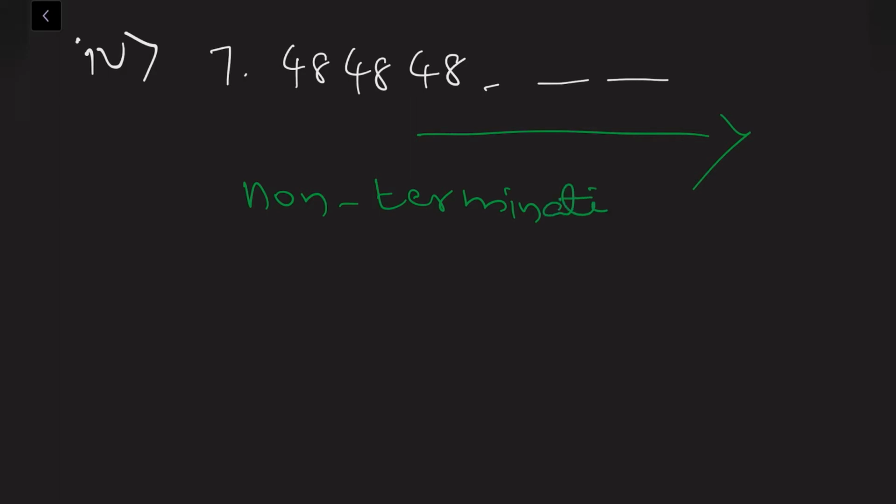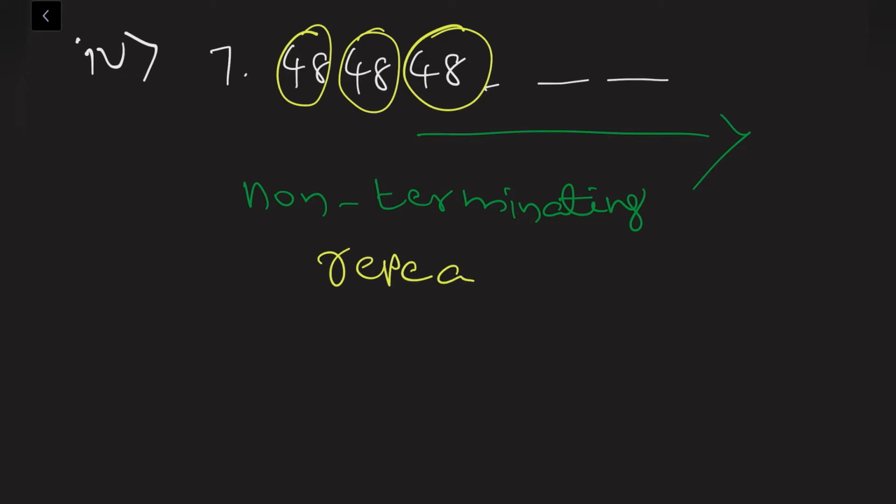Then let us check whether it has any particular pattern or not. 48 48 48. If we keep on continuing, 48 48 48 48 48. So the same pattern 48 is repeating. So non-terminating, repeating type of decimals are nothing but rational numbers.